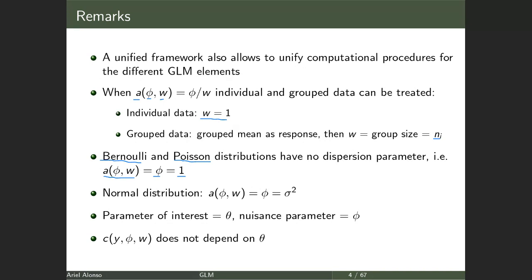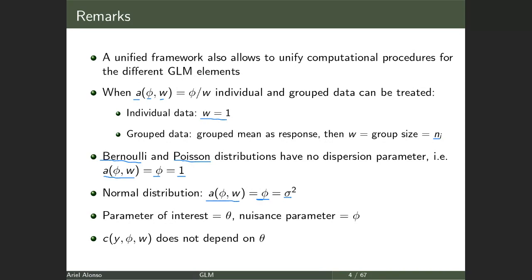For the normal distribution, this function A of psi and w is equal to psi. The dispersion parameter is, as you can expect, just the variance. That's what the variance in the normal model gives you, the dispersion. So if you try to express a normal distribution as a univariate exponential family, what you will find is that A of psi and w is just psi, which is just sigma squared.